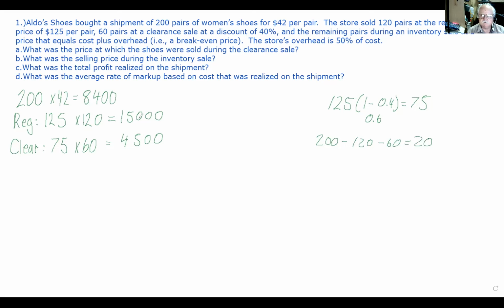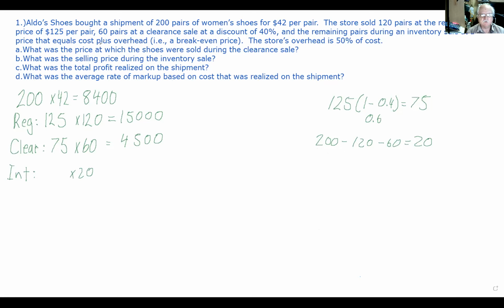So for this inventory, there were 20 of them, and they were sold at a price that equals cost plus overhead. And so we need to figure out how much that is.